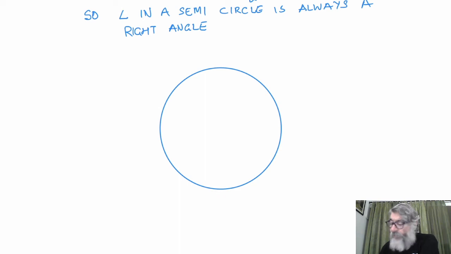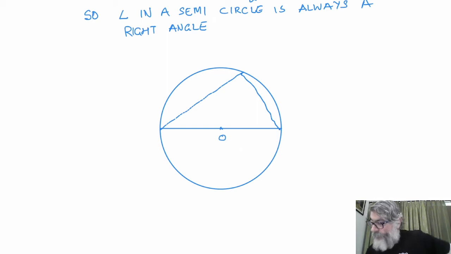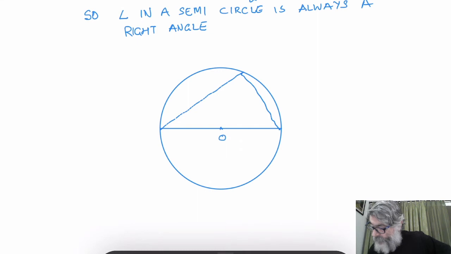For example, this is a circle, and if I draw a diameter, suppose this is diameter, and let me take, sorry, why it is troubling me, this color.